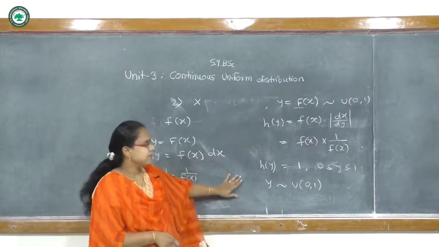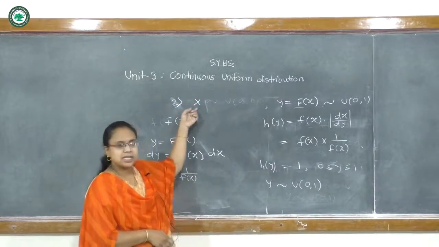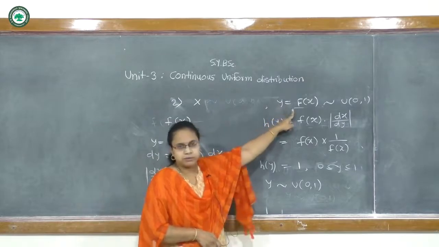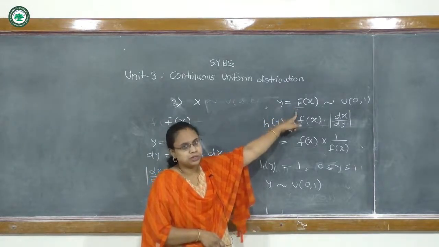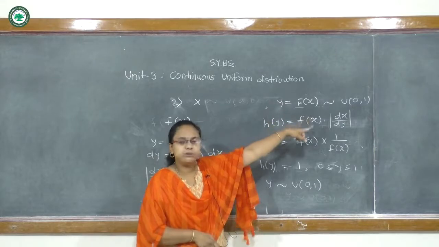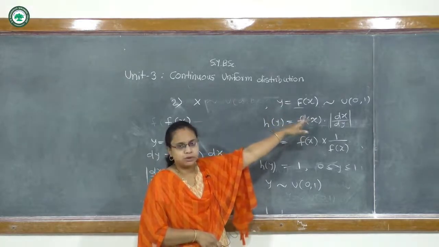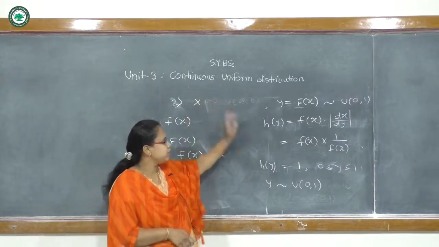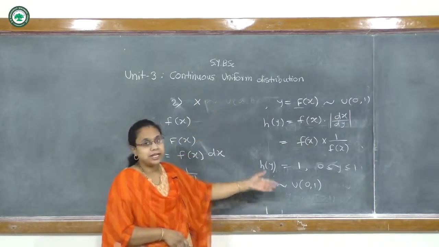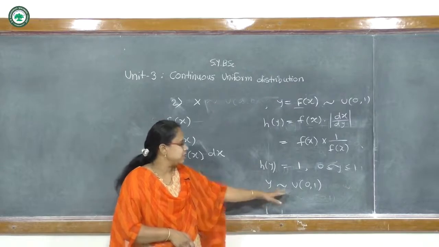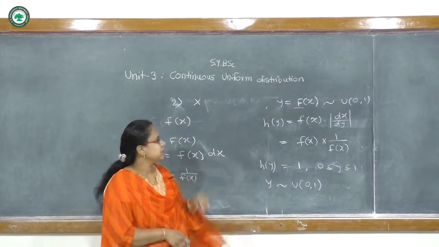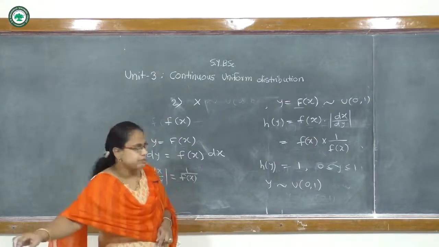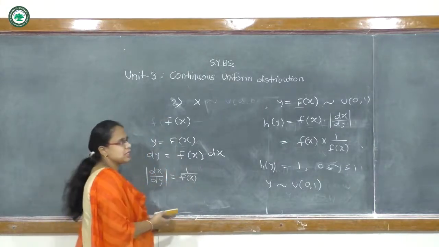If x has any distribution, then its CDF, meaning its distribution function, follows the uniform distribution with parameters 0, 1. This is a very important property: for any distribution, the CDF has the standard uniform distribution. So this was the second result.